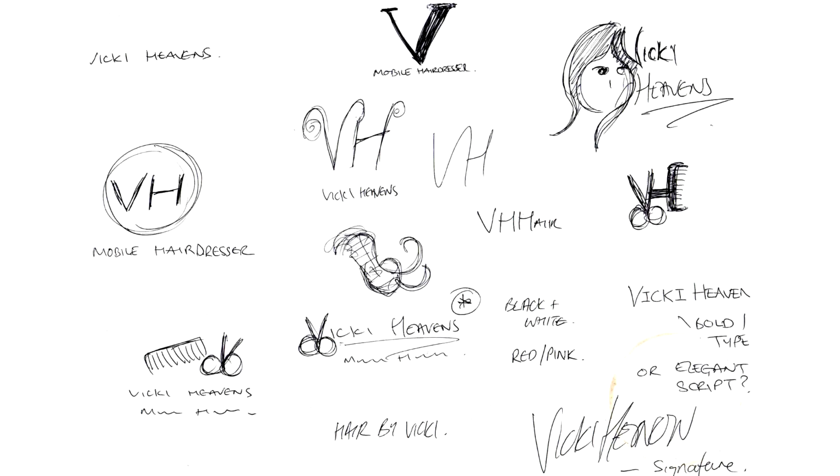So bearing that in mind, how do you come up with an idea for a logo that really communicates clearly and specifically? I mean, for me personally, I like to sketch ideas out first. There's nothing better in my mind than the traditional pen and paper. Get those ideas down that are floating around in your head.